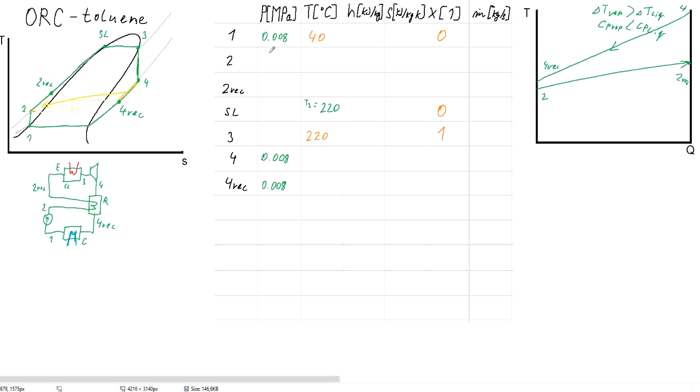And the pressure at the points 2 to 3 was 1.05 megapascals.